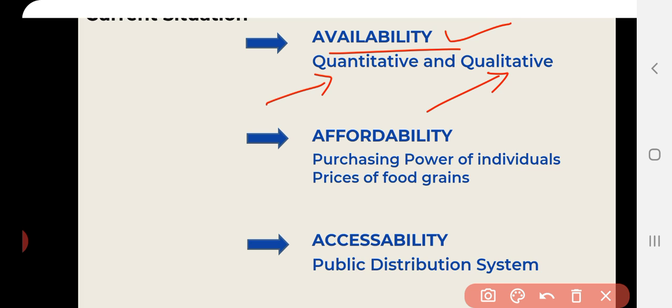Now I will explain the term food grain. The term food grain comprises two different types of grains. The first one is cereals.